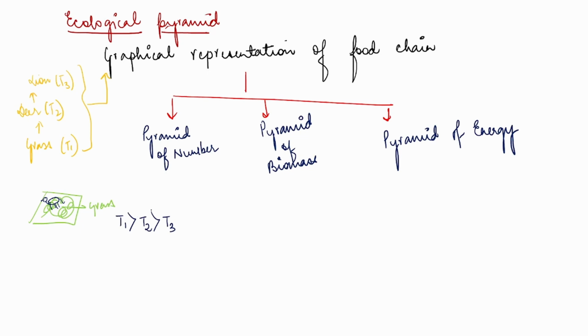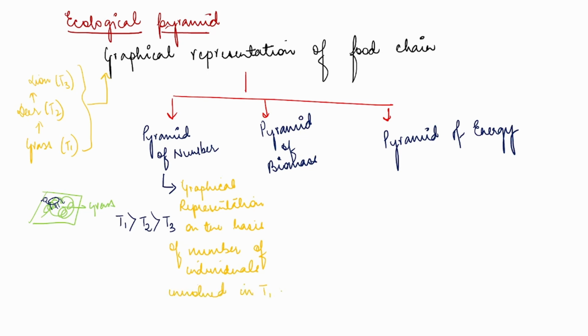So when we represent the pyramid as a graphical representation on the basis of the number of individuals involved in T1, T2, T3, we call it pyramid of number.